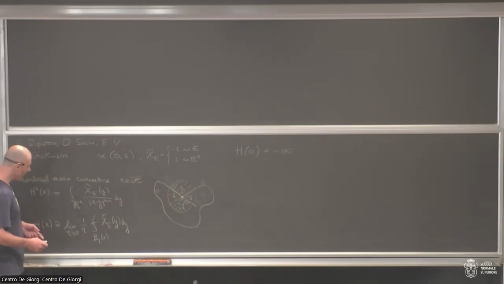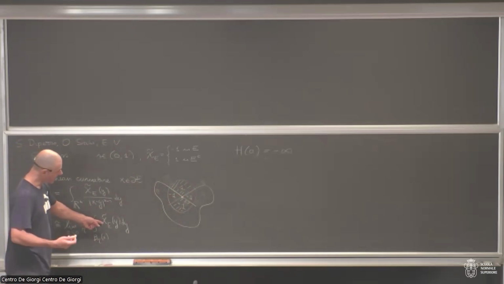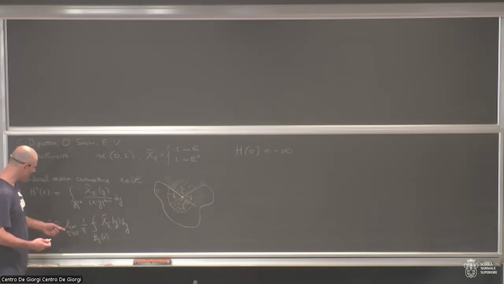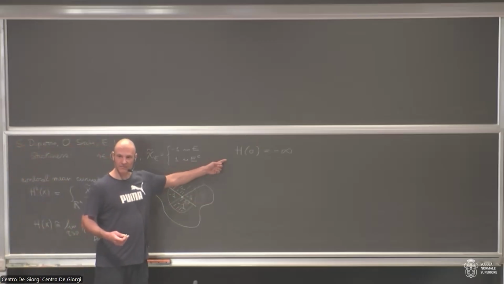But then I get here an object which is -1 times this angle, basically, divided by r. So this diverges to -infinity, and that's why you see that the classical mean curvature is equal to -infinity.